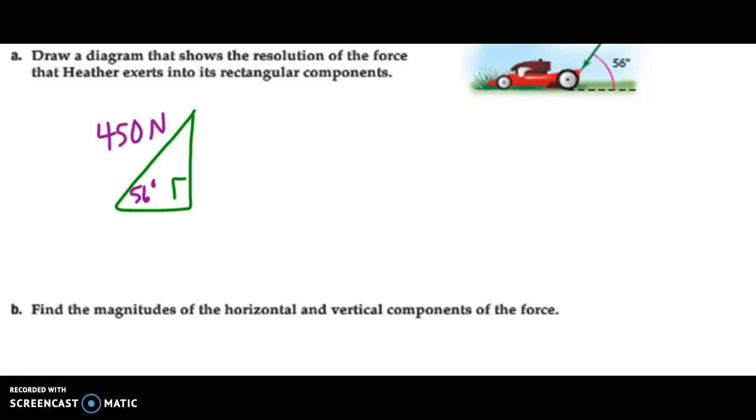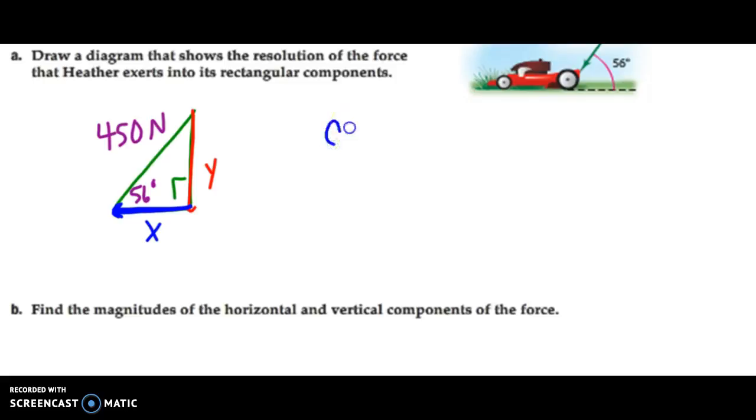So there are two forces that we have to figure out. There's this one going down, we'll call that Y, and there's this one going forward with the lawnmower, we're going to call X. So to figure out what X is, if I'm looking at angle 56, the side right here is its adjacent side, and we know its hypotenuse.